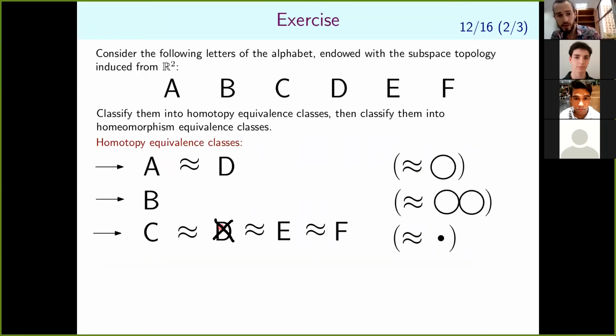For instance, take the letter C and pick any point in C. You can retract the letter C by the trivial retraction that maps each point to the point you choose.